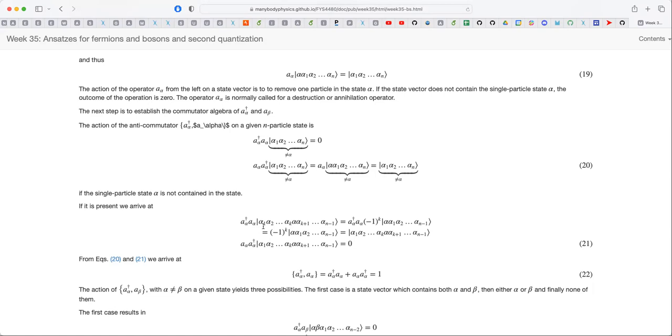Every time we move it, we get a minus sign, as we defined last week. And that gives us this factor (-1)^k. So if you think of this state which you have here, this is just a chain of creation operators.